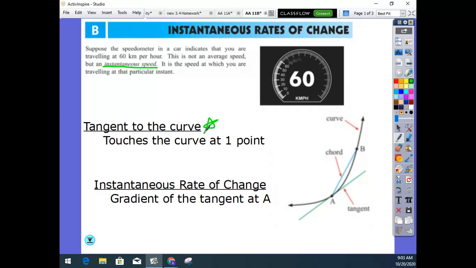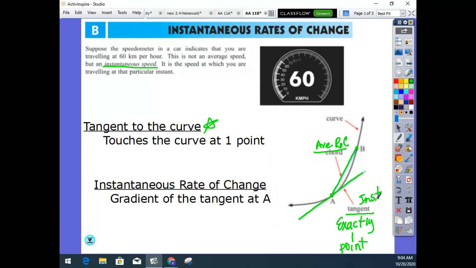Let's remember your geometry. A chord touches 2 points of a curve. A chord is your average rate of change. The chord represents average rate of change that has the slope of 2 points. Your tangent, remember, touches a curve at exactly 1 point. This is instantaneous.